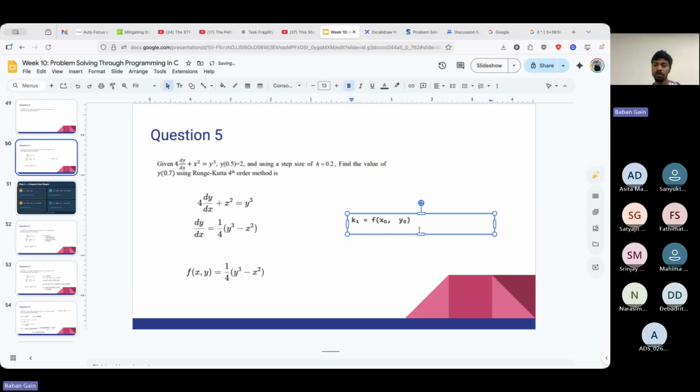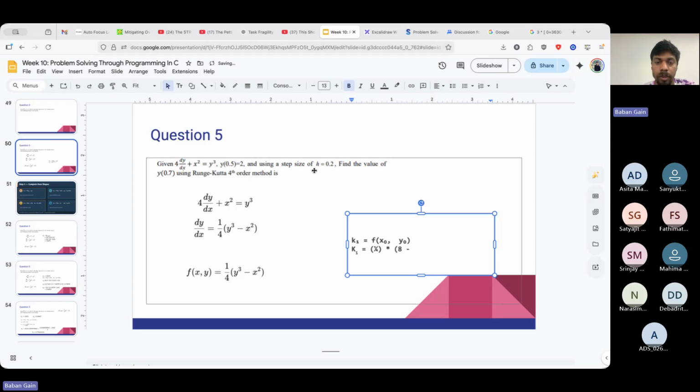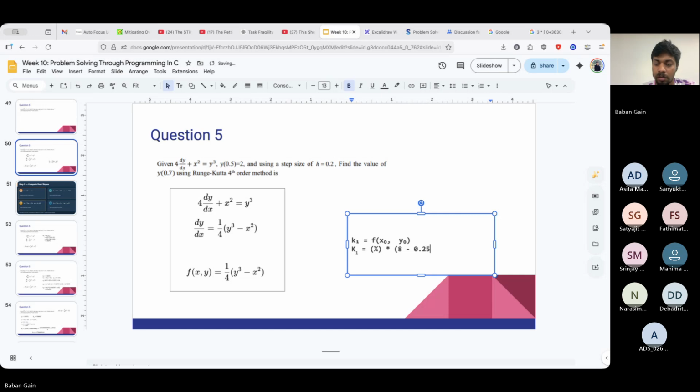So k1 will be 1 by 4 into 2 cube, which is 8, minus 0.5 square, which is 0.25. Right? So 1 by 4 into 7.75. So we got the value of k1 here.